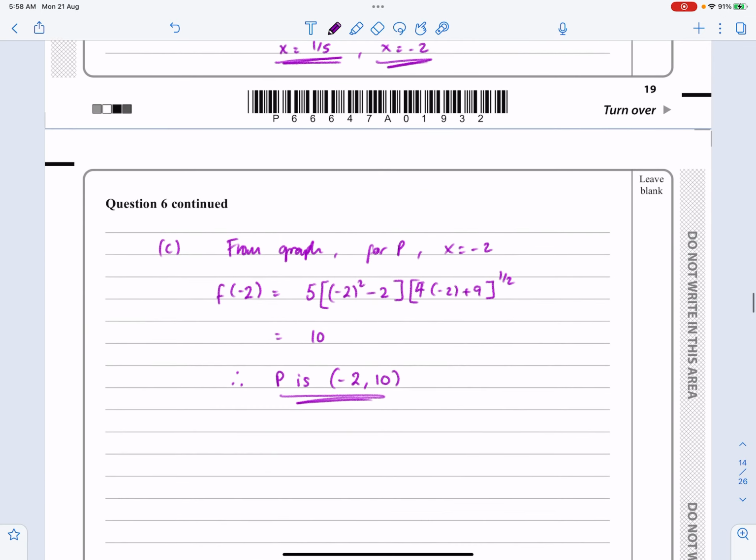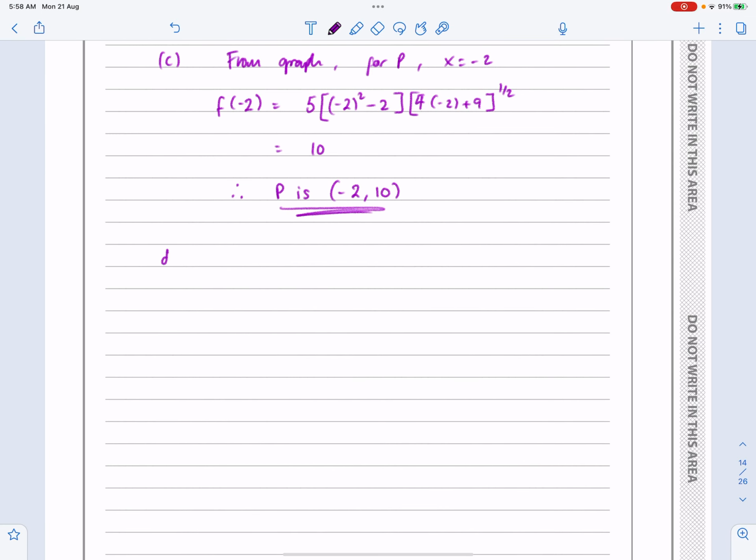So let's do that first. This is still part D. What I'm going to do first of all is if I say f(x) equals 0, what values would I get? Well, I'd get 5 lots of x squared minus 2, 4x plus 9 to the half equals 0.